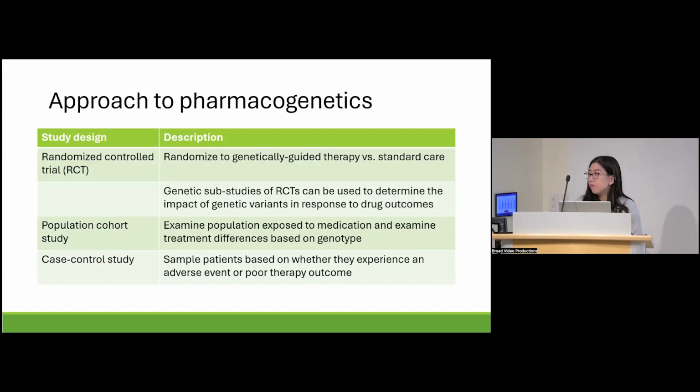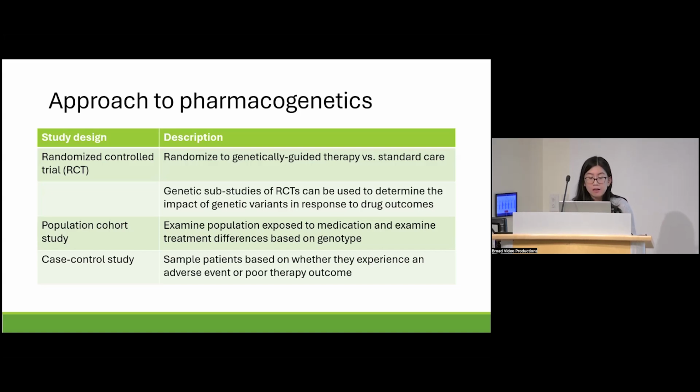In terms of different approaches, obviously the gold standard here is a randomized control trial. Once you have the evidence to support the impact of a genetic variant, you would want to study that by randomizing individuals to genetic guided therapy versus usual care and look at outcomes. But of course, before doing that, you need to have the evidence to be able to study this.